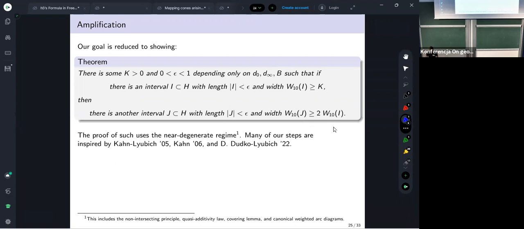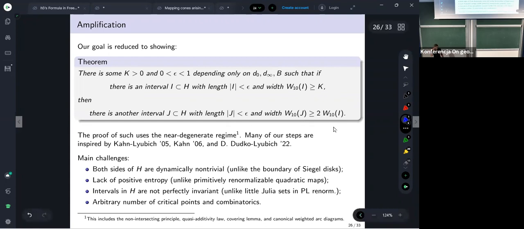All right. So instead of giving you the proof of the theorem, which is going to be quite long, I'm just going to give you some of the differences and the complications that arise in our setting in the Herman rings. So the main challenges here are the following. The first one, I think, should be quite obvious, which is that both sides of the Herman ring are non-trivial. In the sense that if you look at a Siegel disk, for example, then one side of the Siegel disk is just pure rotation, right?